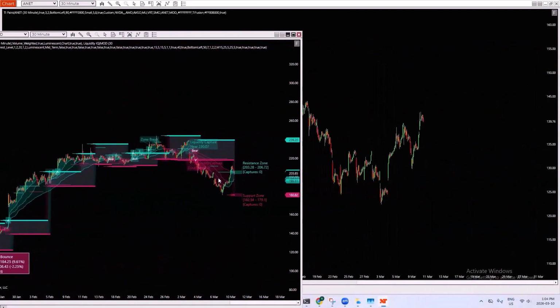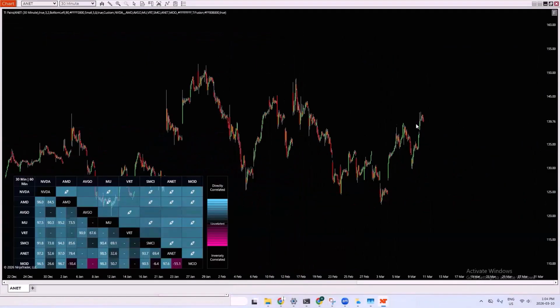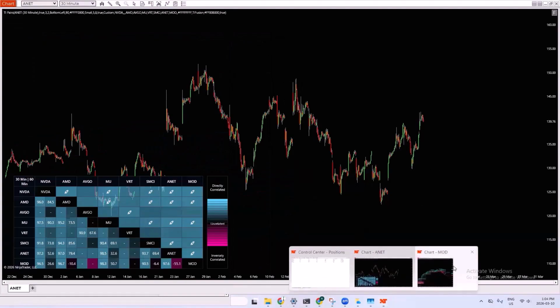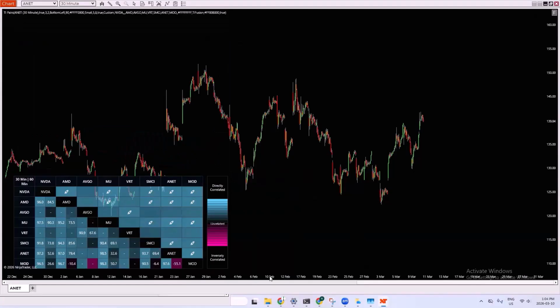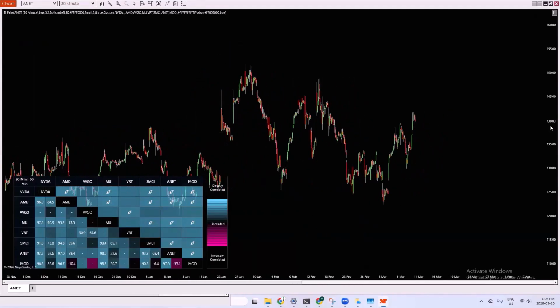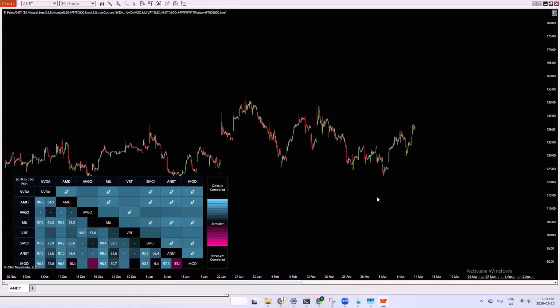So we might then be able to assume that this short-term correlation where they're pulling up isn't going to hold up, because in the longer term, they're actually inversely correlated. So if Arista Networks now starts to come down, well, this information tells us mod might start to go up. And if this one starts to go up, mod might start to go down.